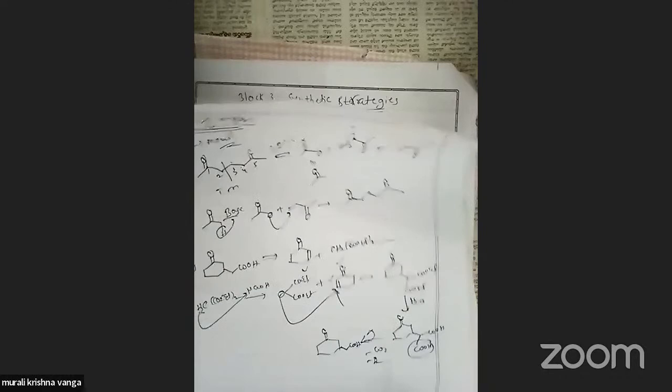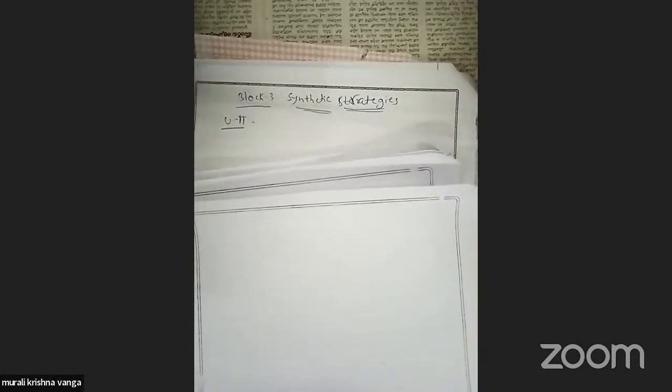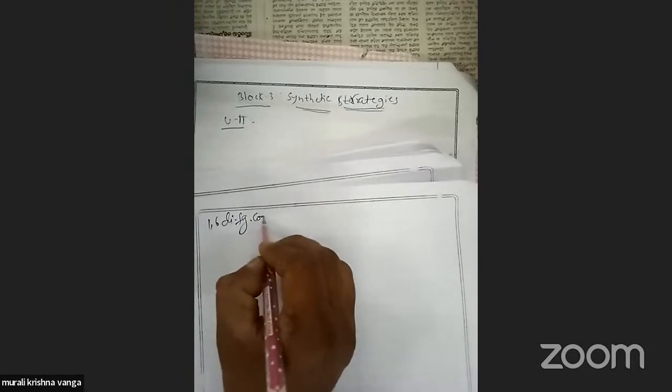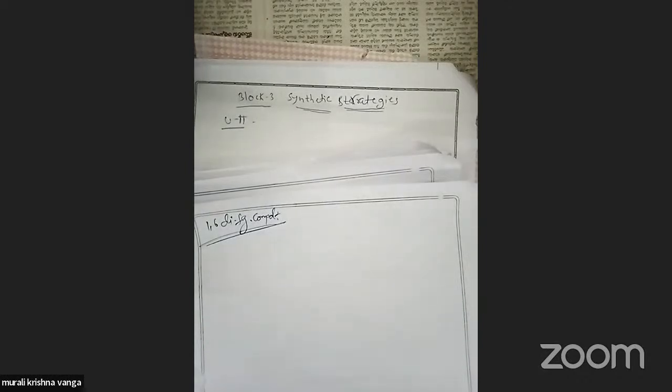Next one, the last one, is the 1,6 difunctional compound. The next example is a retro Diels-Alder.